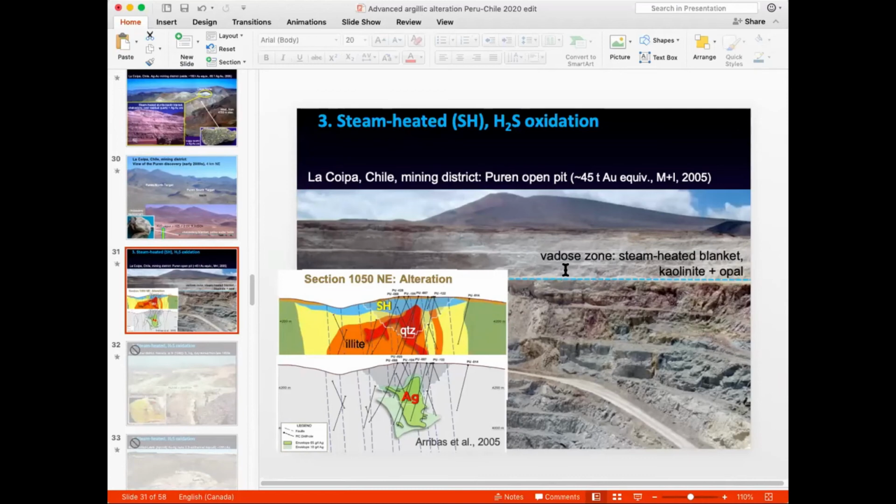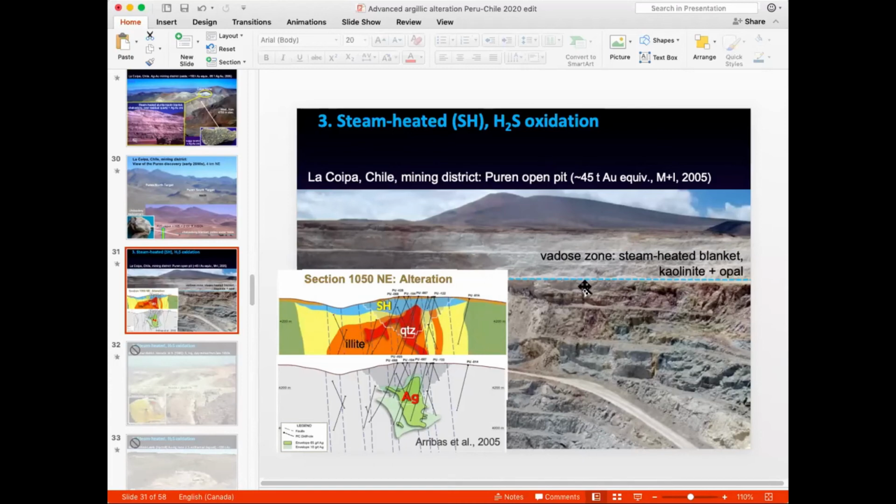But if you look at his slides, that's in the base of the steam-heated zone, not at the present-day surface. And those 3 ppm silver anomalies at the base of the steam-heated zone are related to the overprint of the steam-heated alteration. Because at first, steam-heated alteration was present at shallower levels, with the 3 ppm gold anomaly related to the upflow from the deeper ore body.